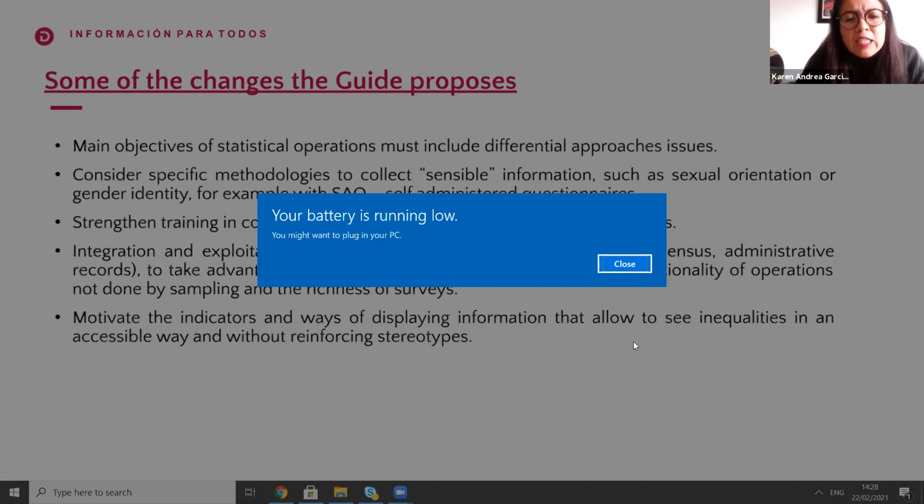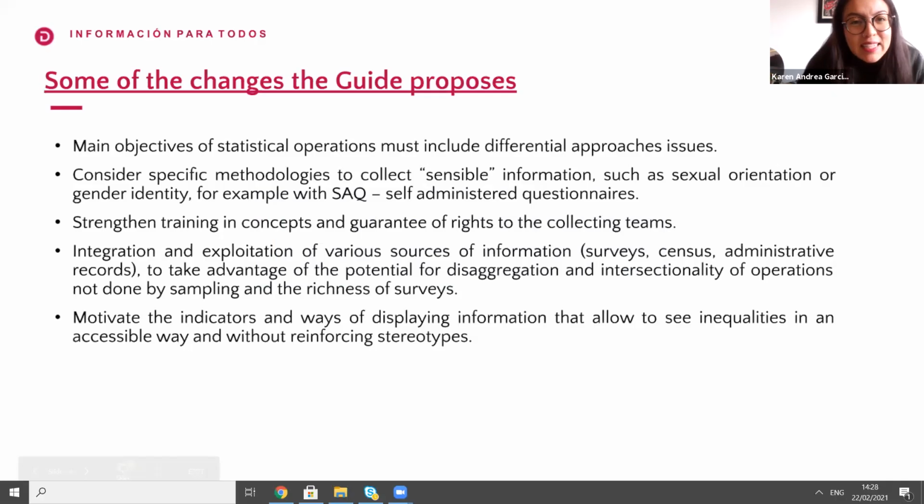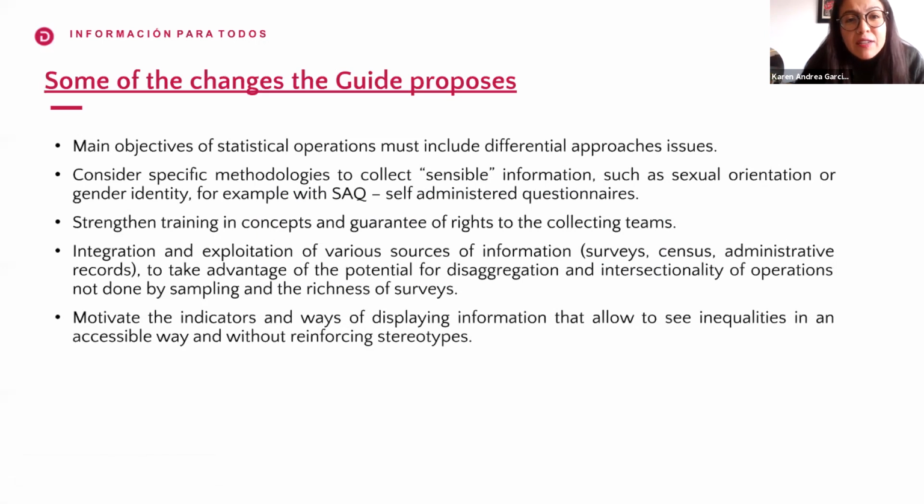They have a special potential to make disaggregation for groups that are statistically small and that may have troubles in representativeness in surveys. But that's why it is important to exploit and use alternative sources of information in order to make possible more disaggregations and to also take advantage of the richness of the surveys for some specific topics.